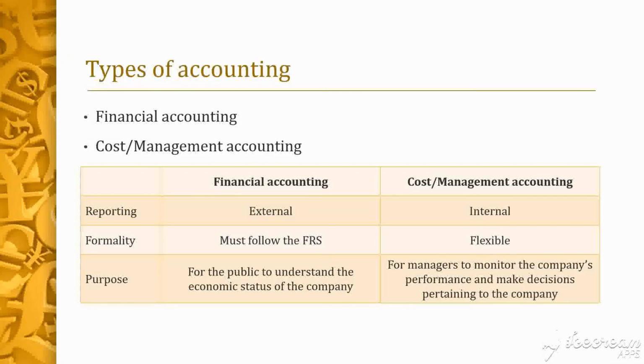Finally, financial accounting focuses on past data. You'll notice that financial statements are published after year end, and they showcase the performance of the company over the past year. On the other hand, cost management accounting focuses on past, present, and future data. Data of all time frames is useful to some extent in helping managers make decisions for the company.